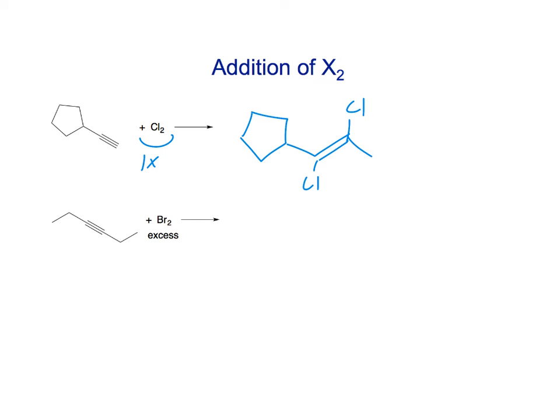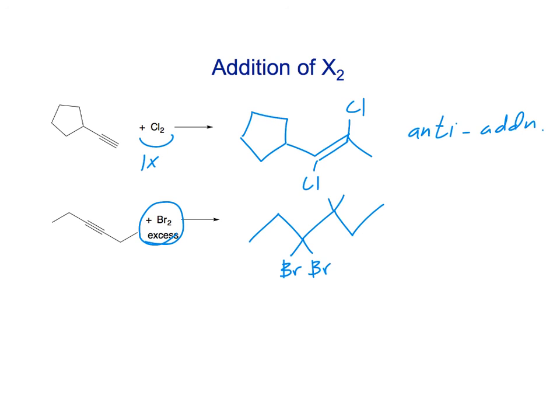It's also still an anti-addition. If we add an excess, or 2 times, say bromine this time, it will add yet another time, and we end up with 2 of the halogens on each of the carbons that used to have the triple bond.